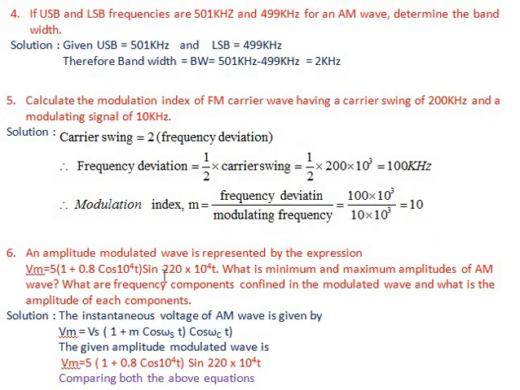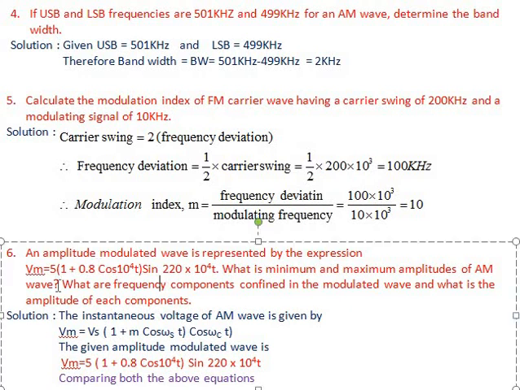Okay, then last problem, sixth problem. An amplitude modulated wave is represented by the expression Vm is equal to 5 into bracket 1 plus 0.8 cos 10 raised to 4 t bracket complete into sin 220 into 10 raised to 4 t.